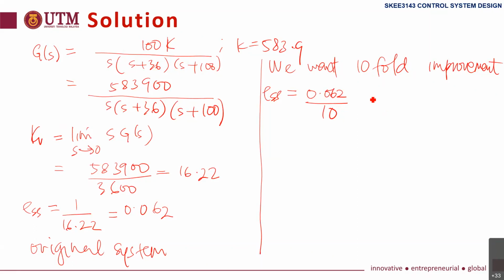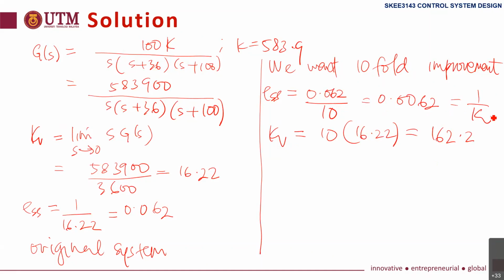It will be 0.0062. This is our desired error. Similarly, we multiply Kv by 10, to get 162.2. The error is 1 over Kv, 1 over 162.2, and we get the same. That means we want to increase Kv by 10 times, from 16.22 to 162.2.